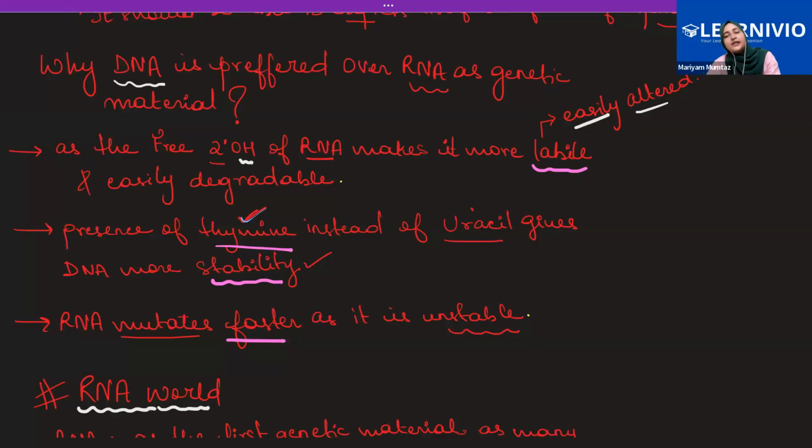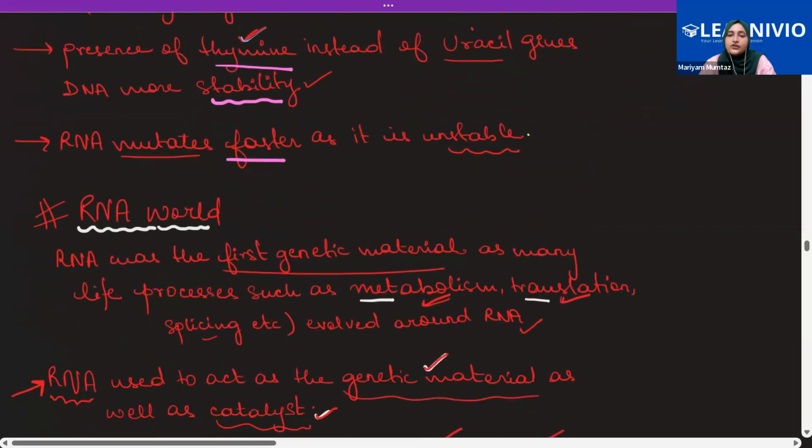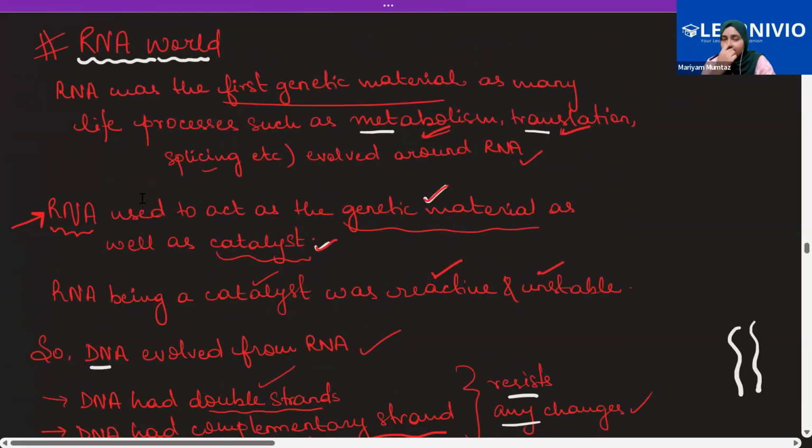But you people will be surprised to know that it was RNA that was first ever to exist on the earth in the form of genetic material. It was not DNA. Later on, the DNA evolved. So RNA was the first genetic material, as many life processes such as metabolism and translation evolved around the RNA.